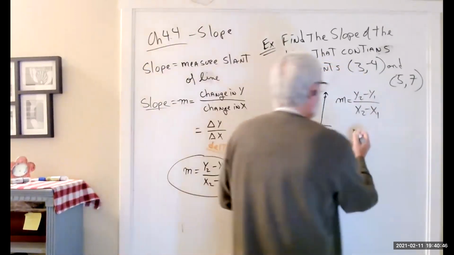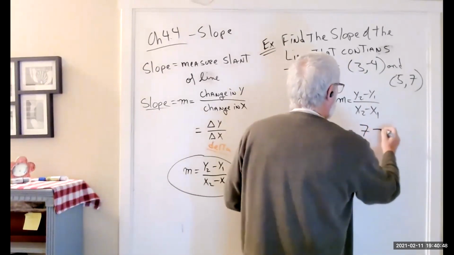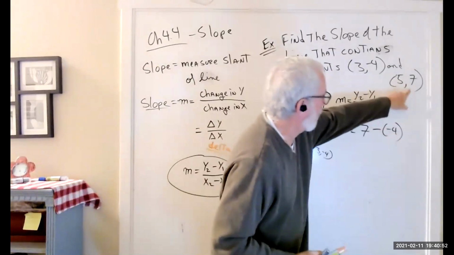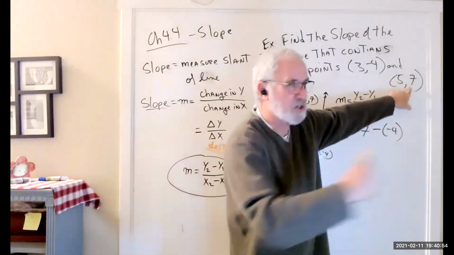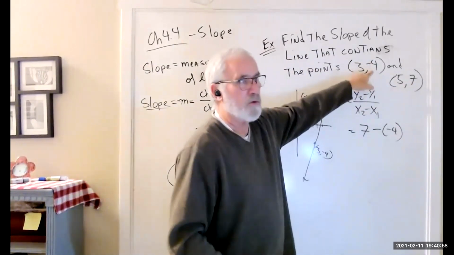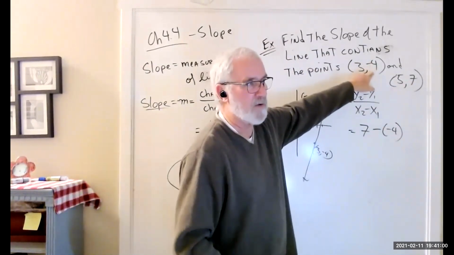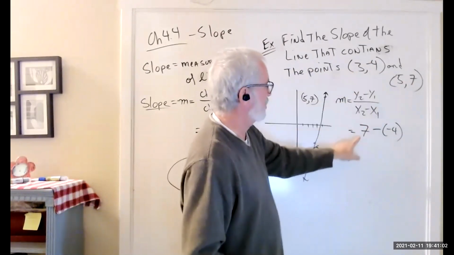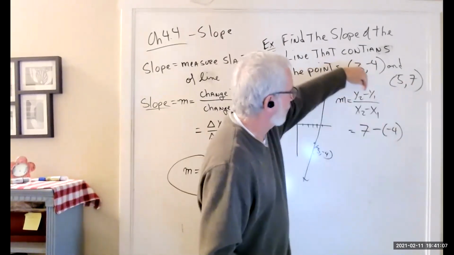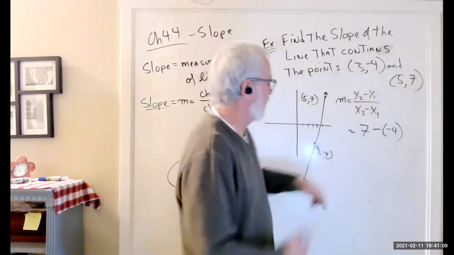So that would be 7 minus a -4. The second y value, that's the y value on the second point, minus the first y value. That's the y value on the first point. So 7 minus a -4. Notice the formula has its own minus.